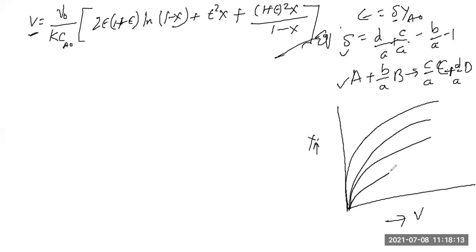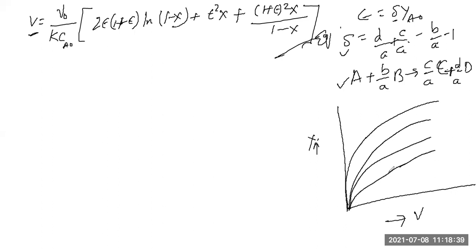This is the kind of graph that you see. Now let's discuss this graph. The plot of conversion along the length of the reactor is shown for 4 reactions. Each of these lines corresponds to 4 different reactions.